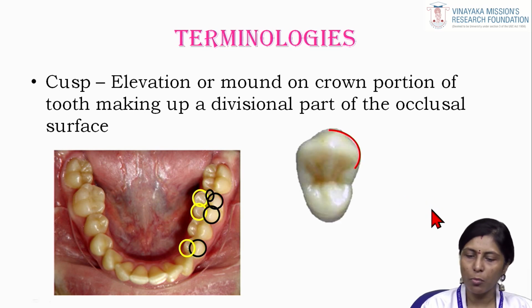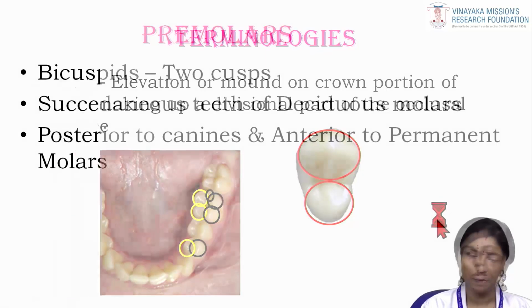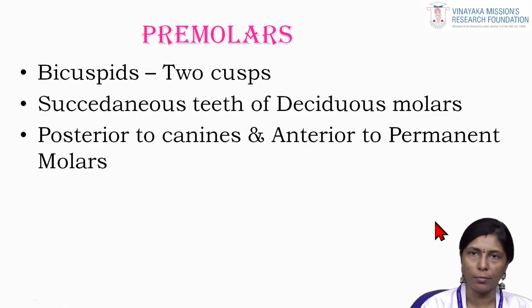Here this is again a premolar. You can very well appreciate the buccal cusp and the palatal cusp. How will you identify a premolar? Premolars will have two cusps, and hence they are called bicuspids. Premolars are teeth with two cusps and they are also called bicuspids.